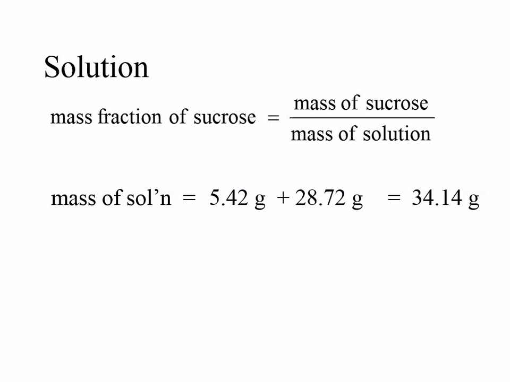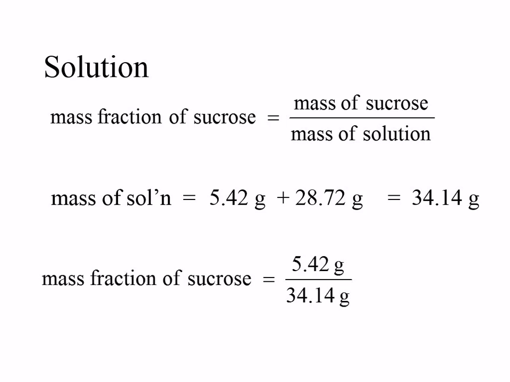And did we round correctly there? Yes. There's only 2 decimals. 2 decimal points. Yes, we did. And then what do we do? You divide the sucrose by the total. So 5.24 grams of sucrose, divided by 34.14 grams.